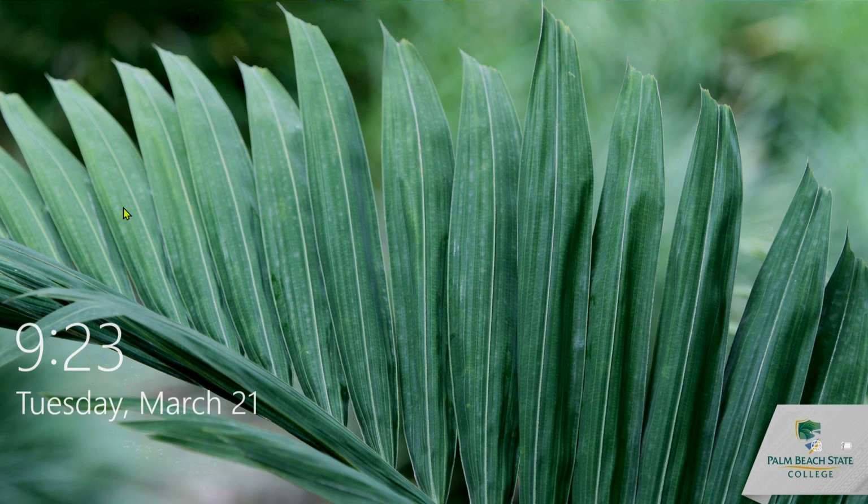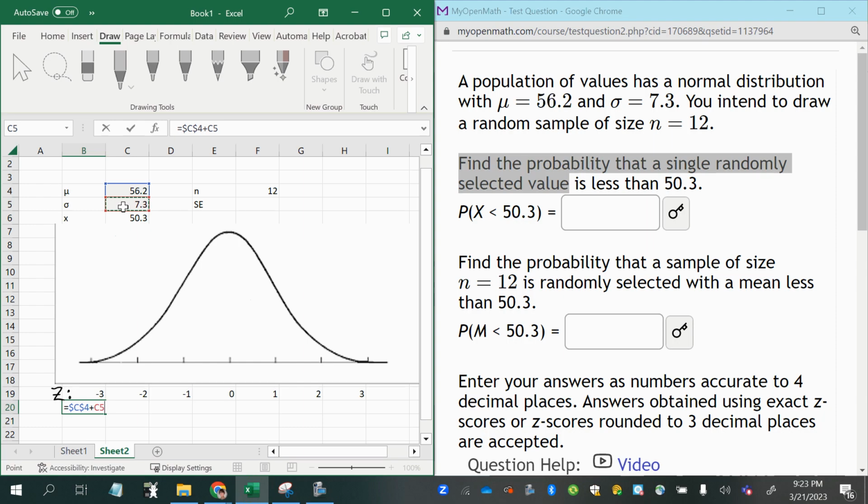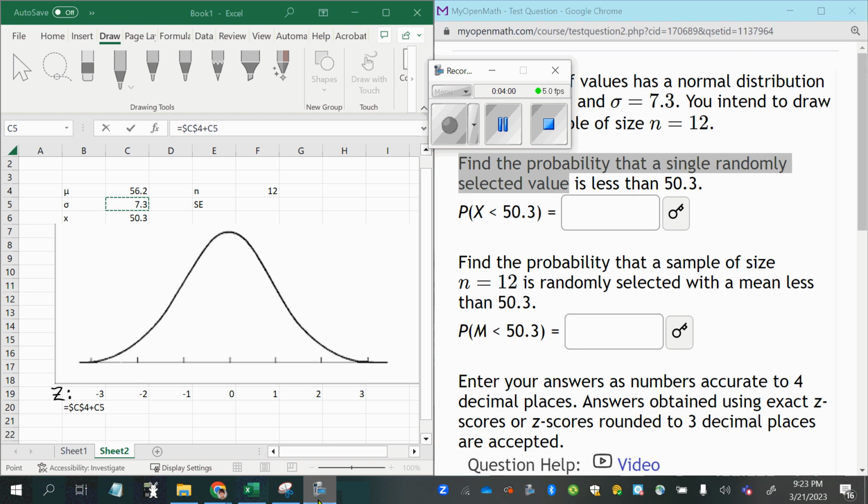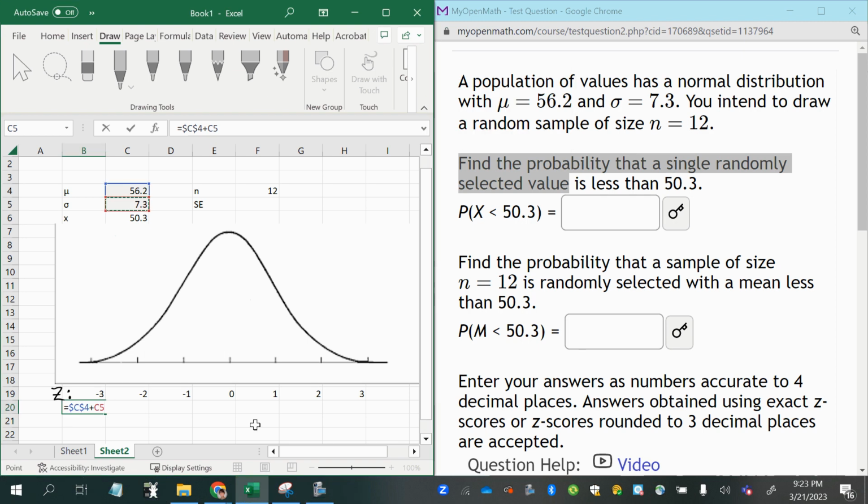Putting in the dollar sign as well here. Then we're going to multiply that times the z-score in that cell here above. And so this gives me the x value that corresponds to 3 standard deviations below the mean.